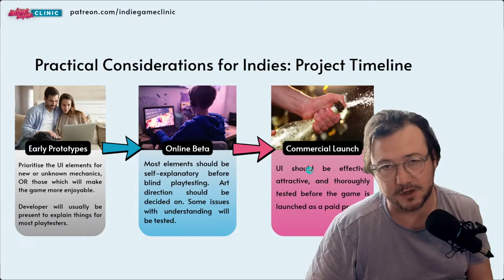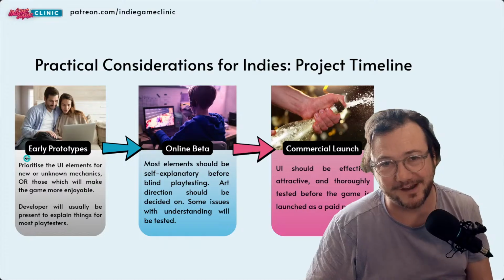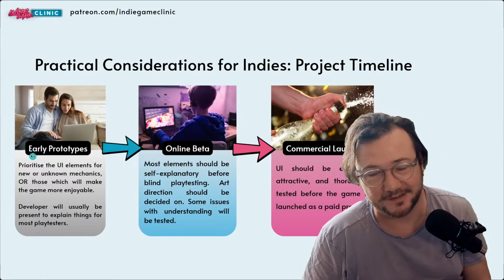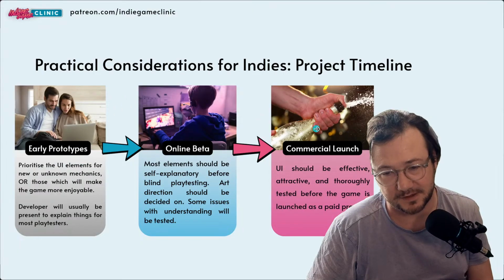You're aiming for a commercial launch, and before that you're going to have an online beta where anyone can test the game, and then earlier on you're going to have an early prototype that is maybe just you and your housemate or you and your dog playtesting the game. And I think what to expect of your interface at these different stages is an important thing to think about.